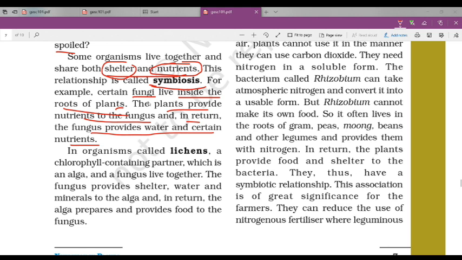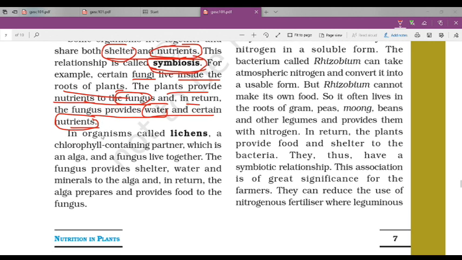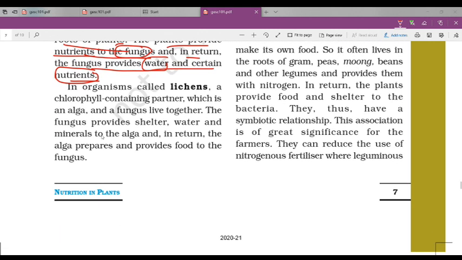The plant is getting water and certain nutrients in return from these fungi, and the plant is providing nutrients to the fungus. So mutually they are helping each other to sustain their life. This type of living relationship is called symbiosis. Okay बच्चों, I think you all have understood.